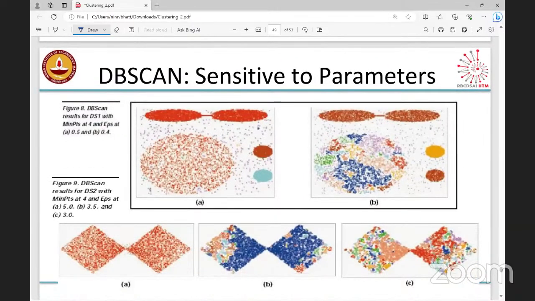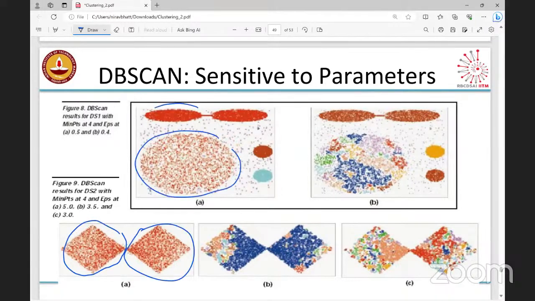This is DBSCAN, and there are certain parameters. And you can see that with the optimal parameters, you can actually get very nice clusters of different shapes. But you have to use all the parameters in a proper manner.